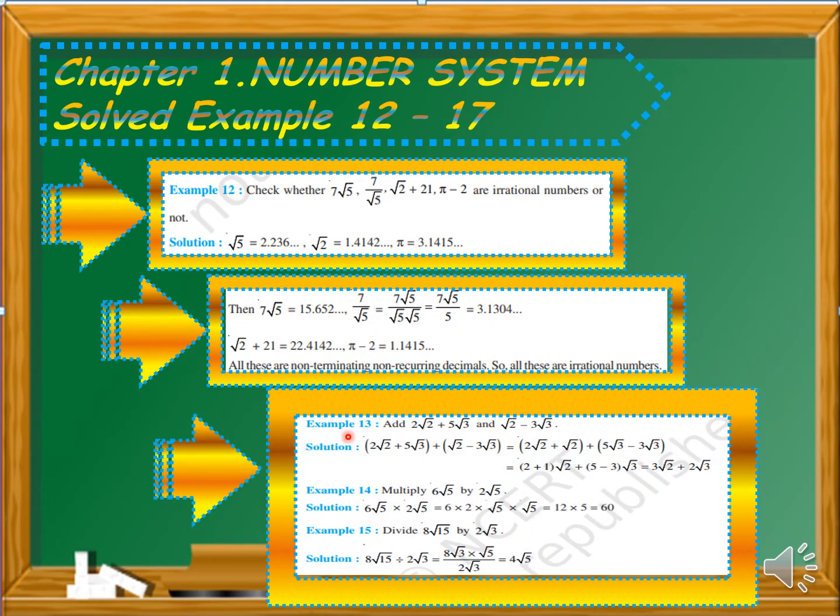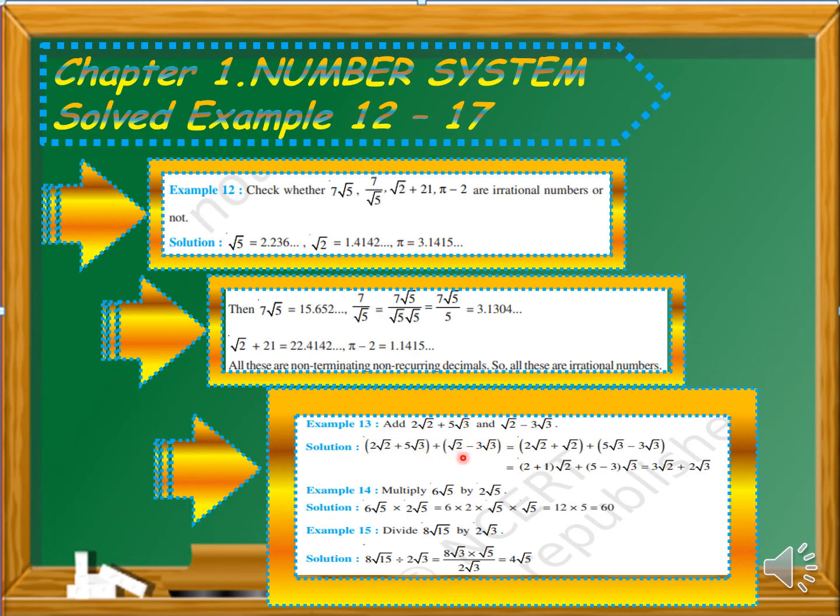So example 13: add 2 root 2 plus 5 root 3 and root 2 minus 3 root 3. So solution, we have to add these both expressions. So by adding, we should bring the like terms to one side, that is here root 2 and here root 2 can be seen. So root 2 can be brought here, or else this 2 root 2 can be brought there.